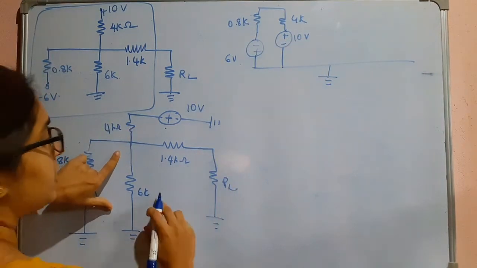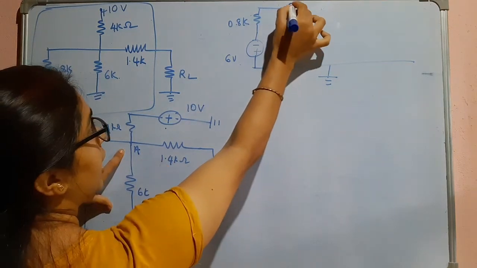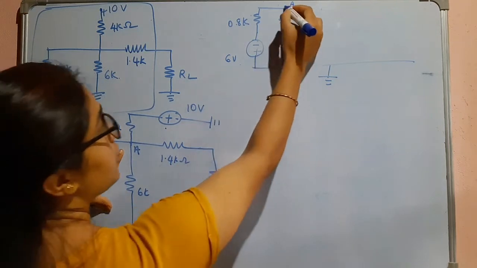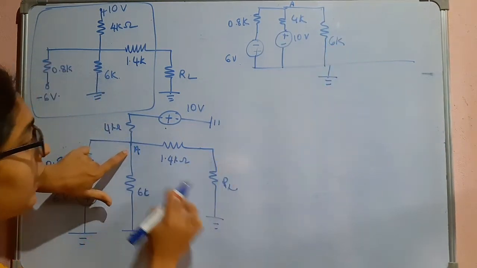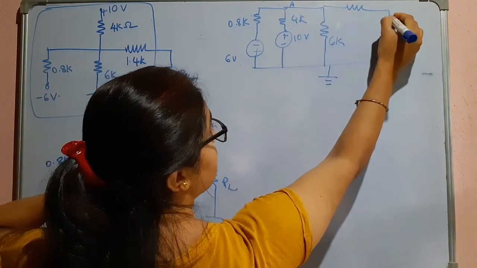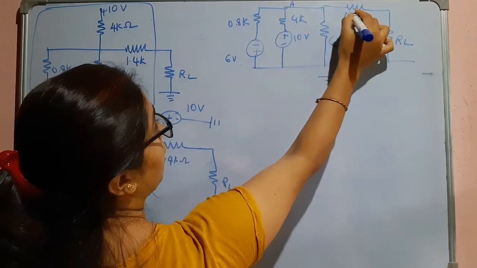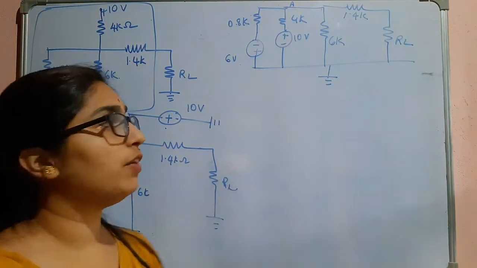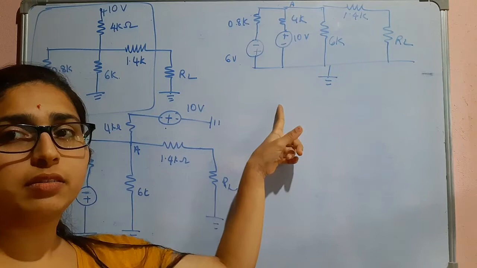We have 6K connected. If I consider this point as A, between A and ground we have 6K once again, and between A and ground we have this in series. This is RL, this is 1.4K. So now we have to find the Thevenin's equivalent for this particular part.